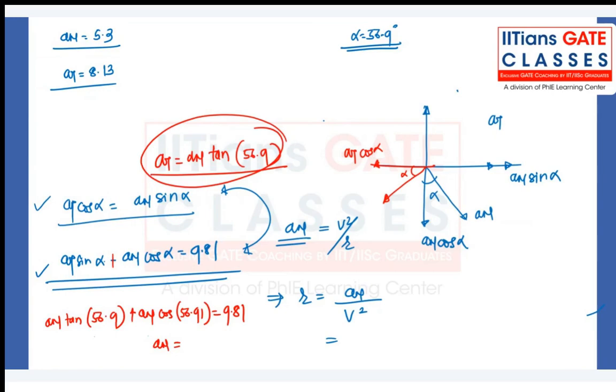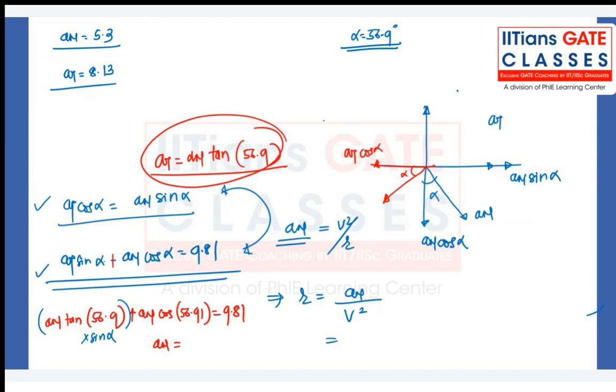Yeah, correct. I think it's correct now, right? I have corrected it. Because sine of theta divided by cos of theta is tan of theta, so it should be equal to AN tan of 56.9. So just put it here, sine alpha will also come here. So this is just the value of AT. From this, tell me the value of AN. I don't have a calculator with me.